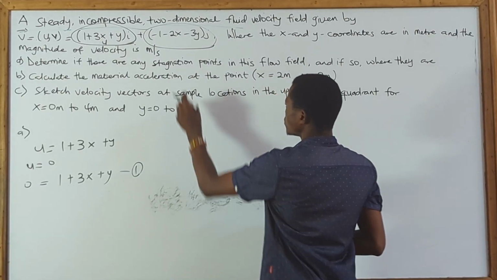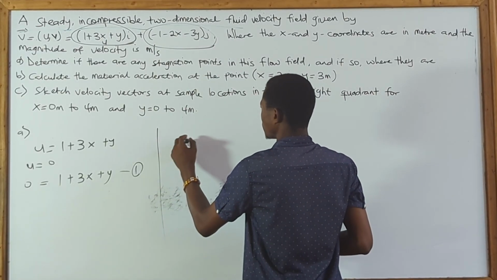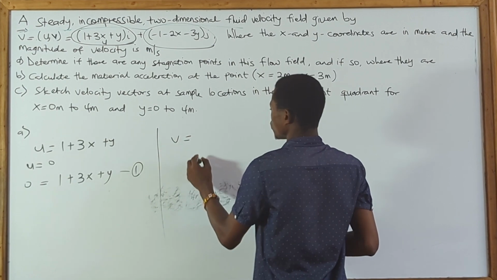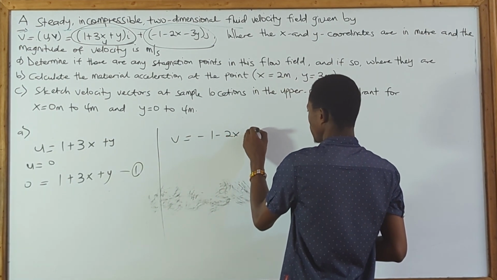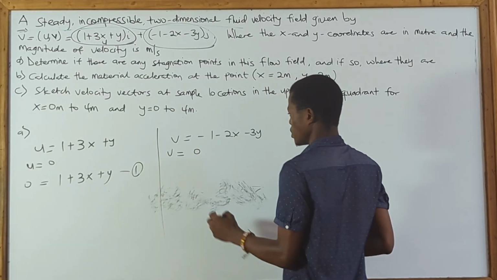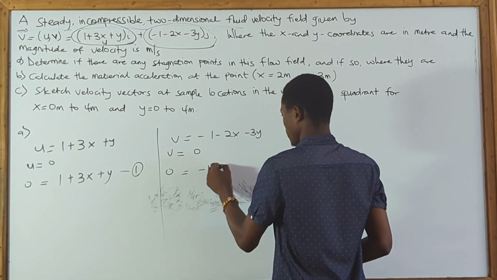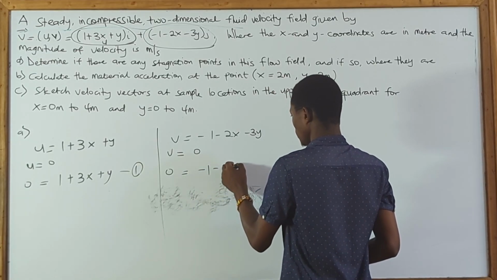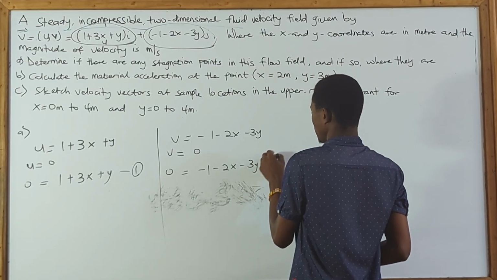For our second one, v is equal to minus 1 minus 2x minus 3y. We set v also equal to 0, making it 0 equal to minus 1 minus 2x minus 3y. This is our equation 2.